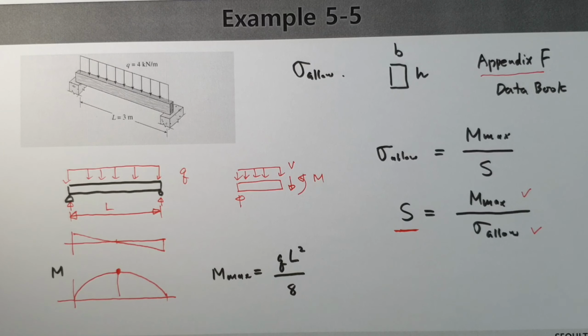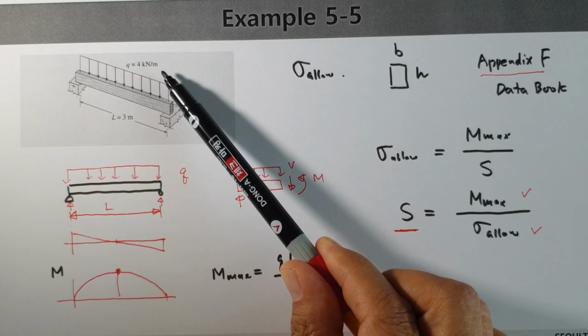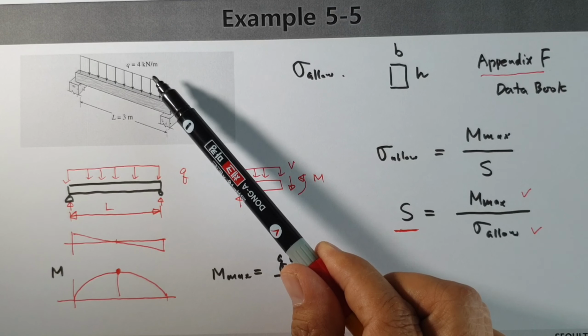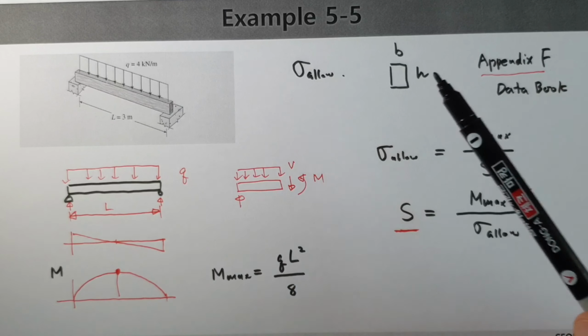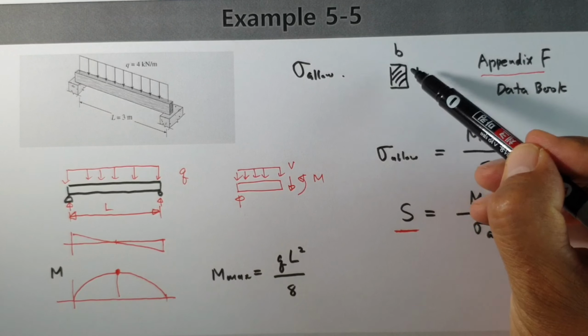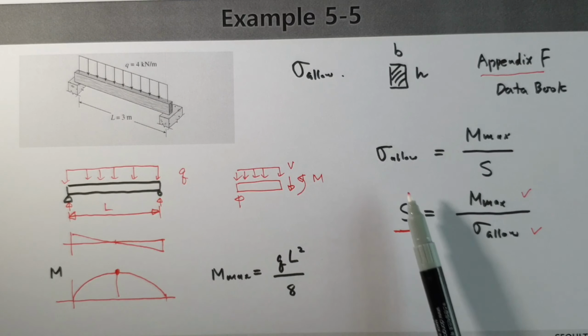In this example, I would like to summarize. We have this beam element, and an externally distributed load is given like this one, and we would like to know the size of the cross section, B and H. In order to find that, firstly we calculated the shear force diagram and the bending moment diagram, and we found the maximum bending moment is like this one, and we apply this relationship.